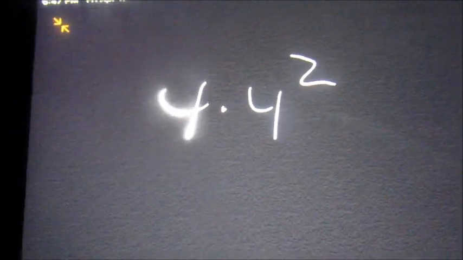Mainly we're going to do this when we have x's involved. But let's do another number one. Say we have 4 times 4 squared. Remember that when we have 4 just by itself, we can assume the exponent of 1.